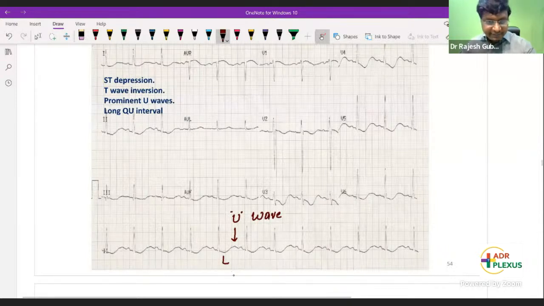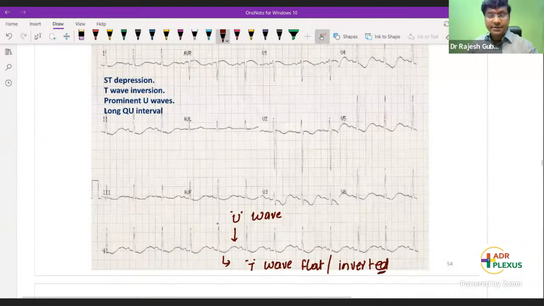And the T wave becomes flat or inverted. Now take this U wave. I will go back to the basic ECG. Can anyone tell me what the U wave is due to?